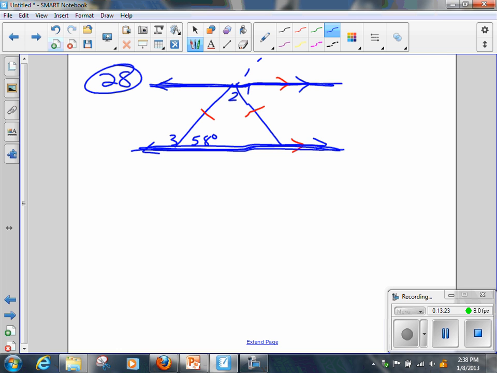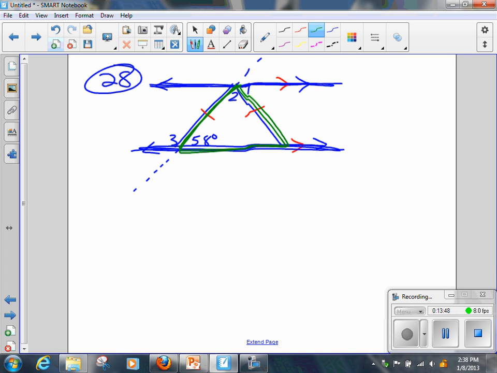But if I were to treat this as a transversal, and this angle right here is 58, let's step back and look at this right here. Look at the triangle. Focus on that. What kind of triangle is that? That's an isosceles triangle.